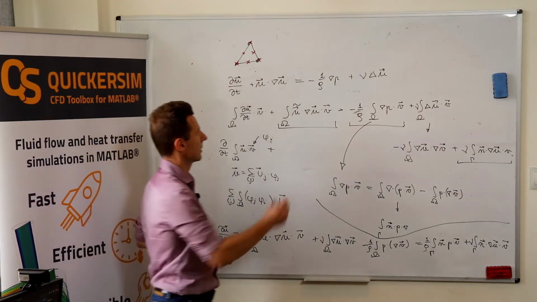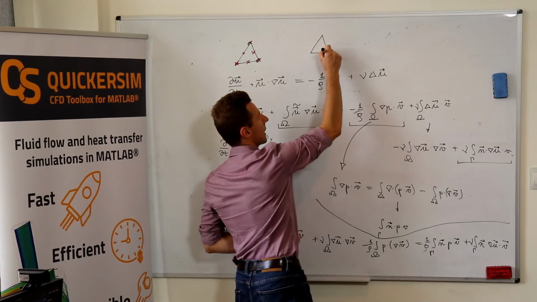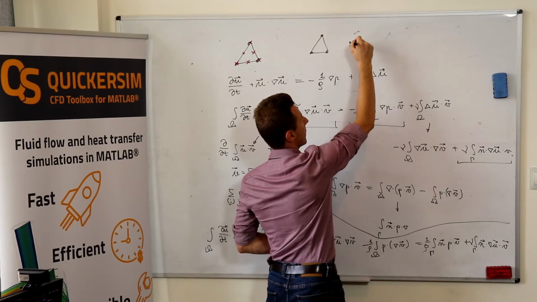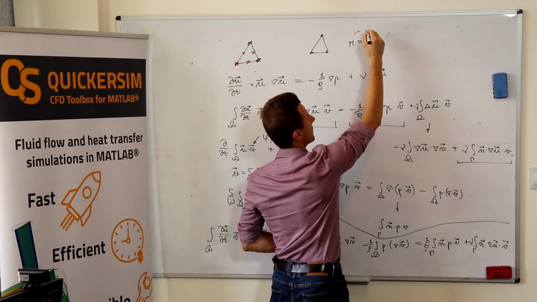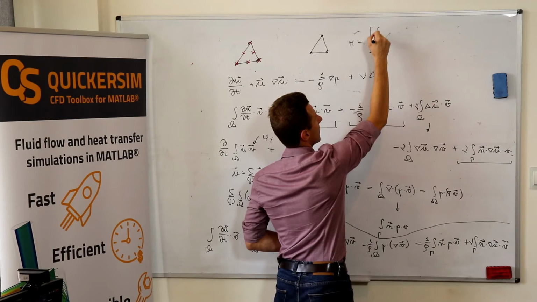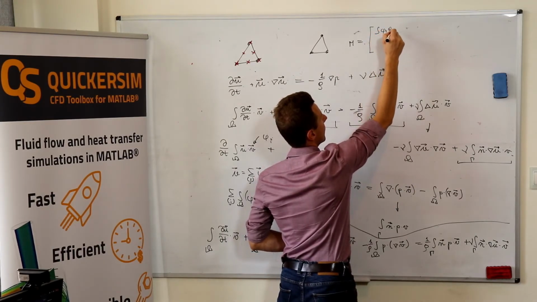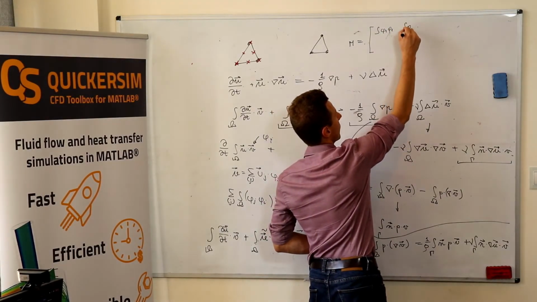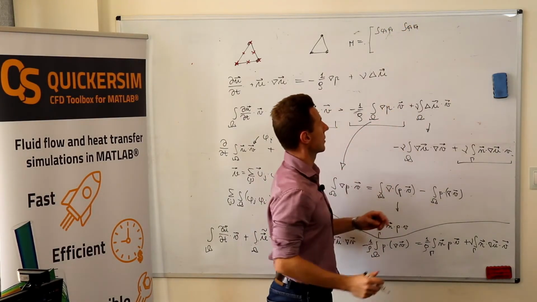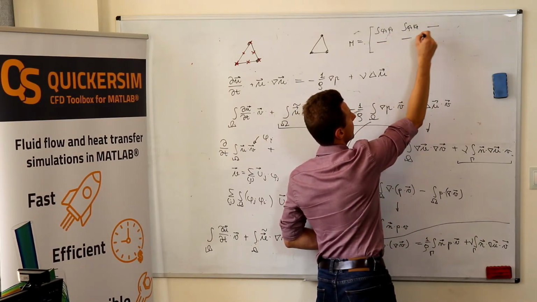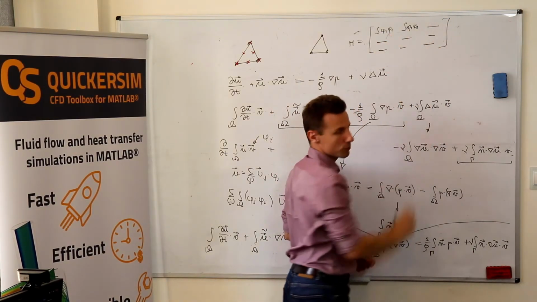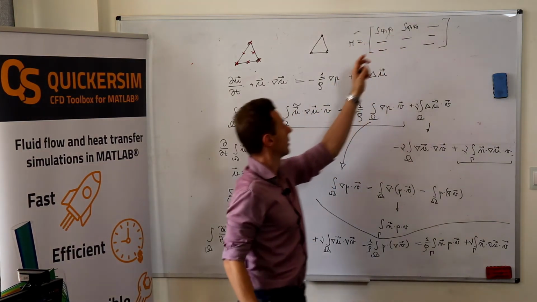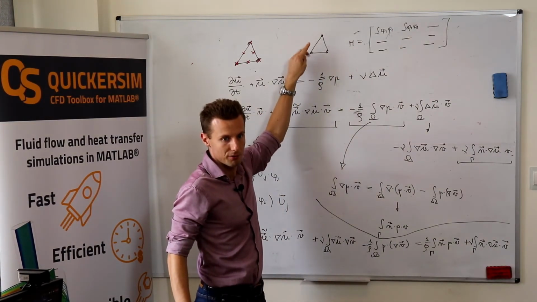You can't, because even if you write a very simple triangular linear element, what's your mass matrix? Your mass matrix is like the integral of phi 1 phi 1, integral of phi 1 phi 2, etc., which means that you will have a third term, and the local mass matrix is 3 by 3, and it couples all the three nodal values with each other.